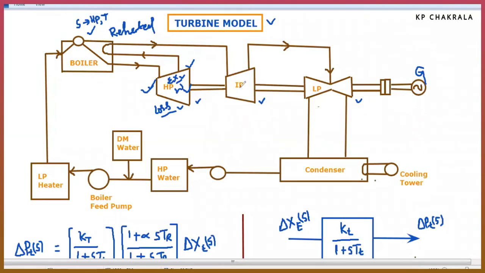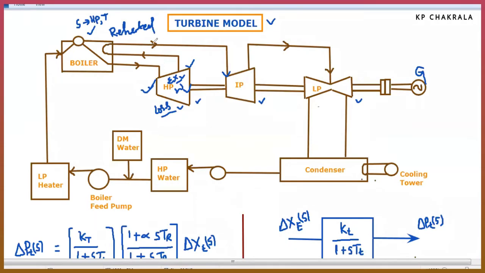To overcome that problem, it is passed through the boiler, where it is reheated, and then allowed to pass through the pipes and enter the intermediate pressure turbine. It gets sufficient pressure and temperature and enters the IP stage of the turbine.